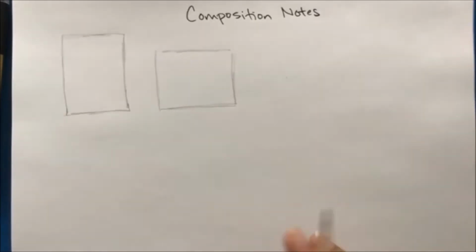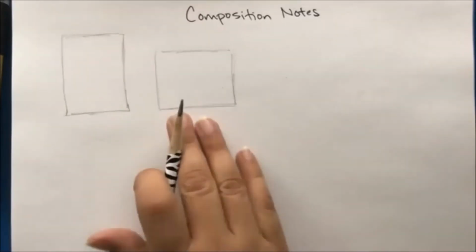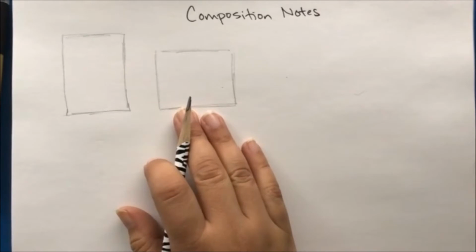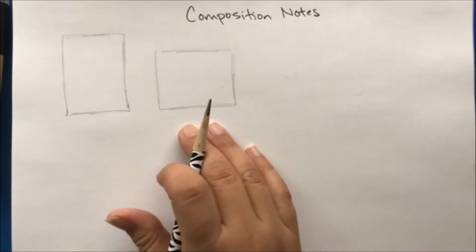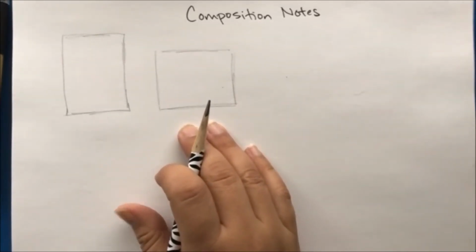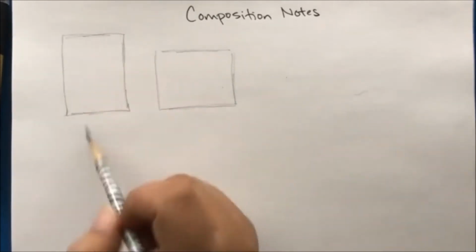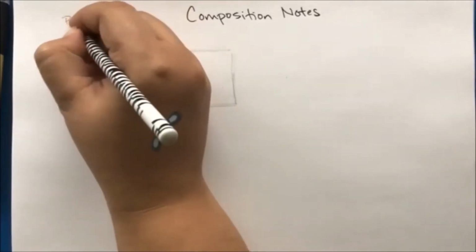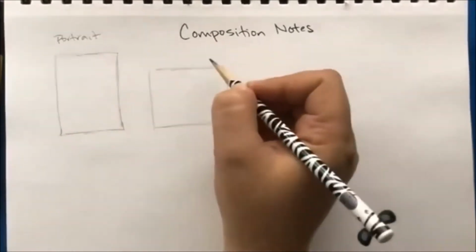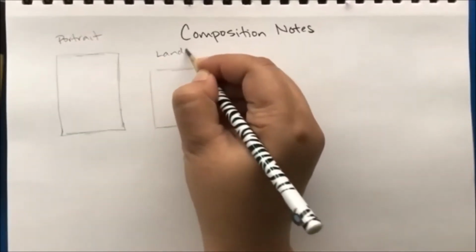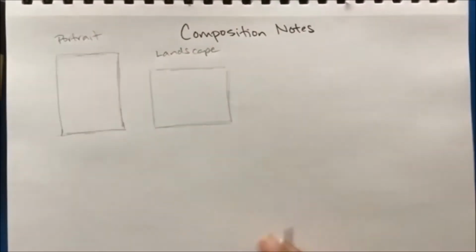So if we're using standard printer paper, it's going to be kind of a rectangle shape. When it's vertical, it's called portrait. And when it's horizontal, it is called landscape. That's the direction of the paper.